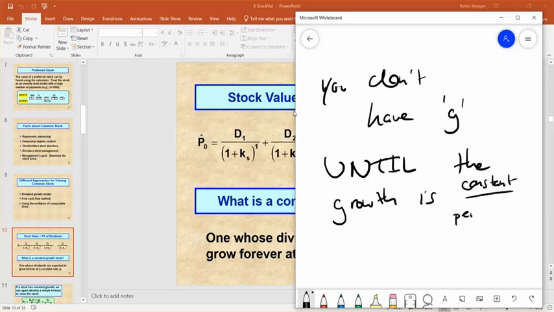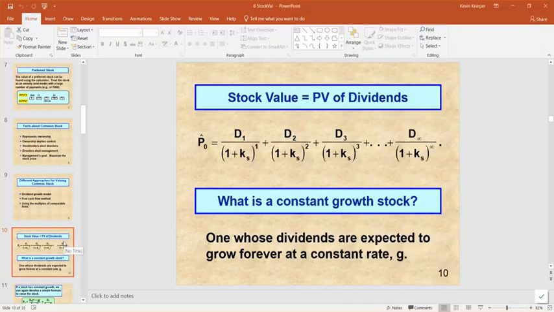I sometimes use the word permanent because it emphasizes that they're going to grow at exactly the same rate every period, identical, forever. So this assumption makes the math really easy. I'll show you what it does to the math in just an instant. But I really need you to understand and respect the fact that it's a huge assumption to say that your dividends grow at rate G. It's a very, very big assumption.